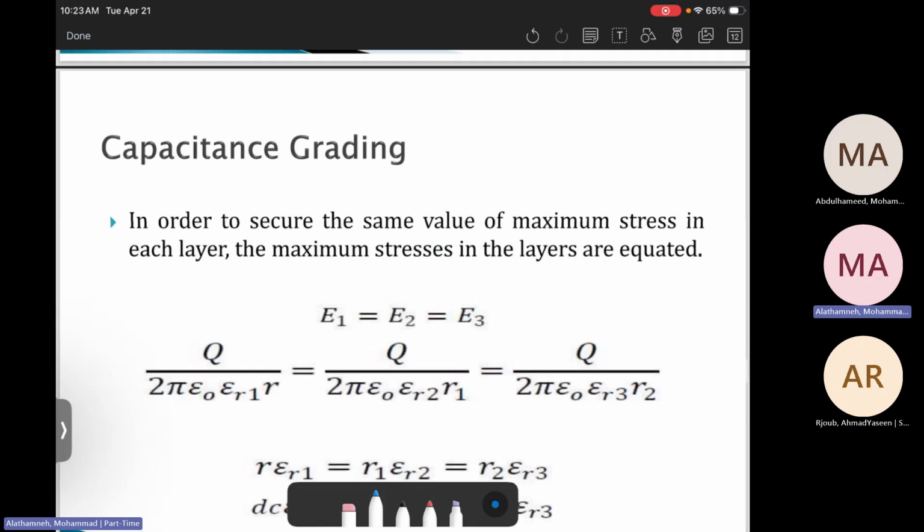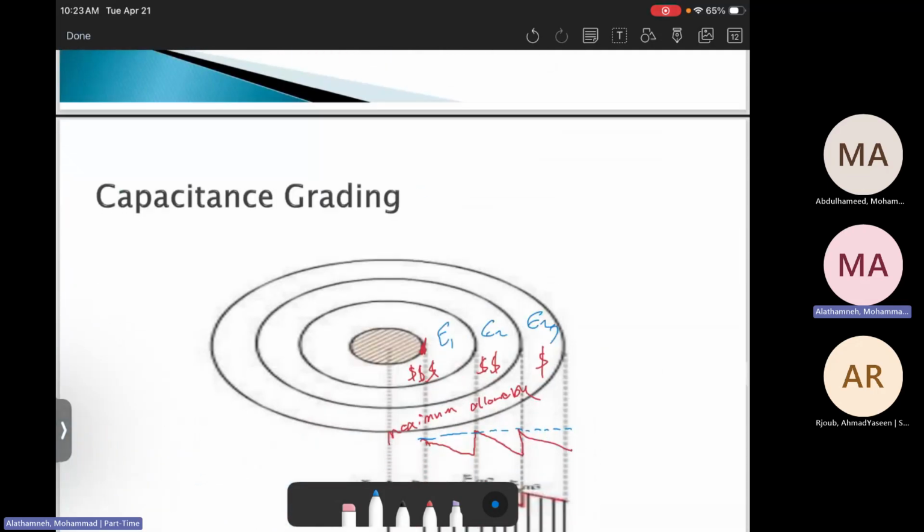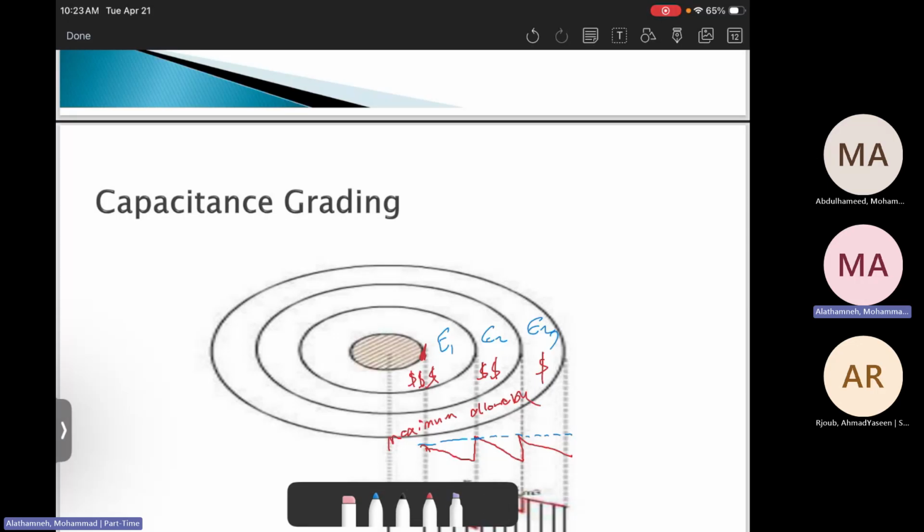Therefore, when we look at this one, from here to here, this is our conductor. Then from here to here, this is called R1. Here to here, this is called R2. Here to here, this is called R3, or in other words, we call it R, which is the R of the cable, or RI, or whatever you want to call it, R or RI, both of them. It's fine.